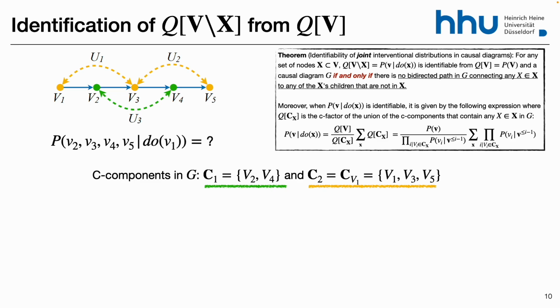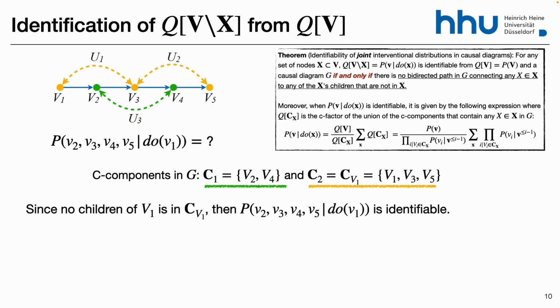I want to identify Q of V minus X. And to identify it, I just need the Q of C(X), the C component of X. And X is V1, so the C component corresponding to my X is the yellow one.